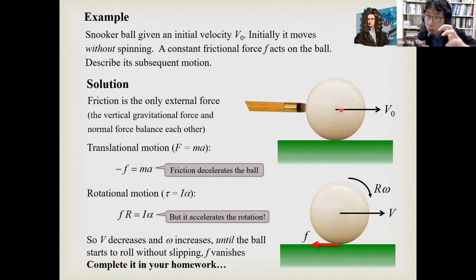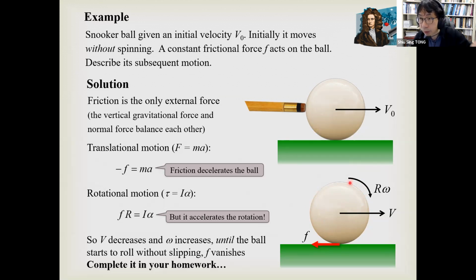Now, when the ball slides on the table, the snooker table is covered with a cushion, right? So there's a frictional force between the white ball and the cushion. And that frictional force is in the opposite direction to the velocity of the center of mass, right? So this frictional force will tend to set the white ball into rotation.